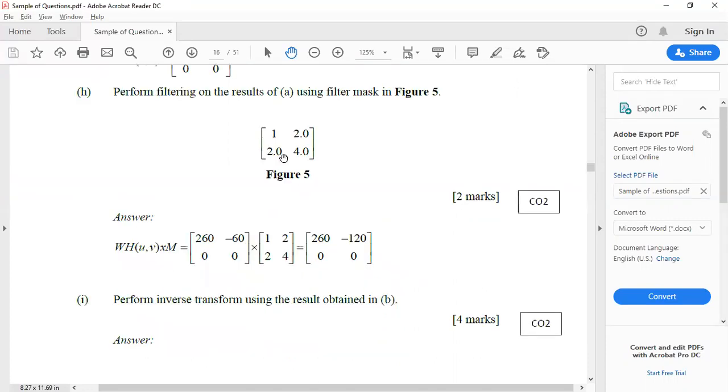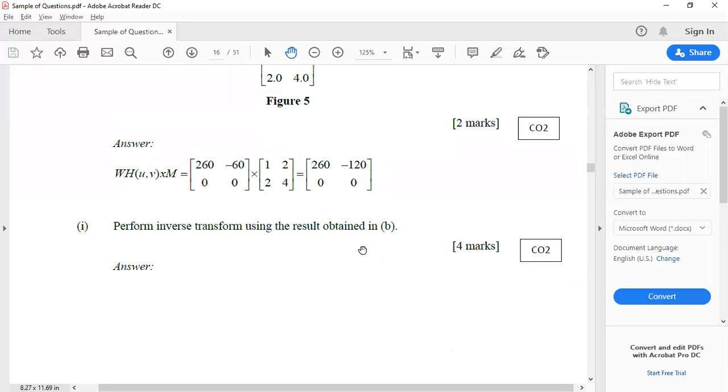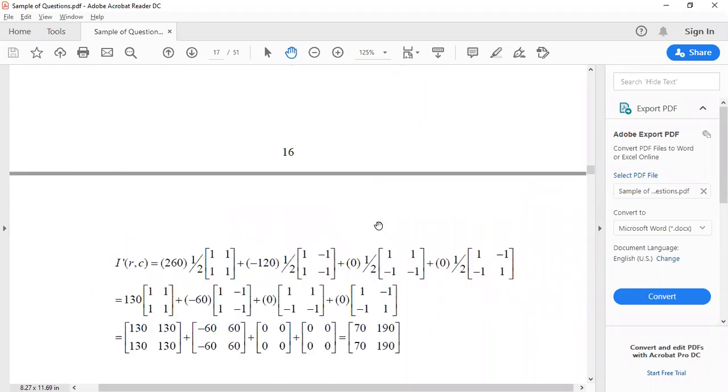So the original difference only 60. So you have actually double it. Why double it? Because you multiply with this mask. You multiply with here the 2. So you double the difference of this coefficient. That's why eventually you also double here.